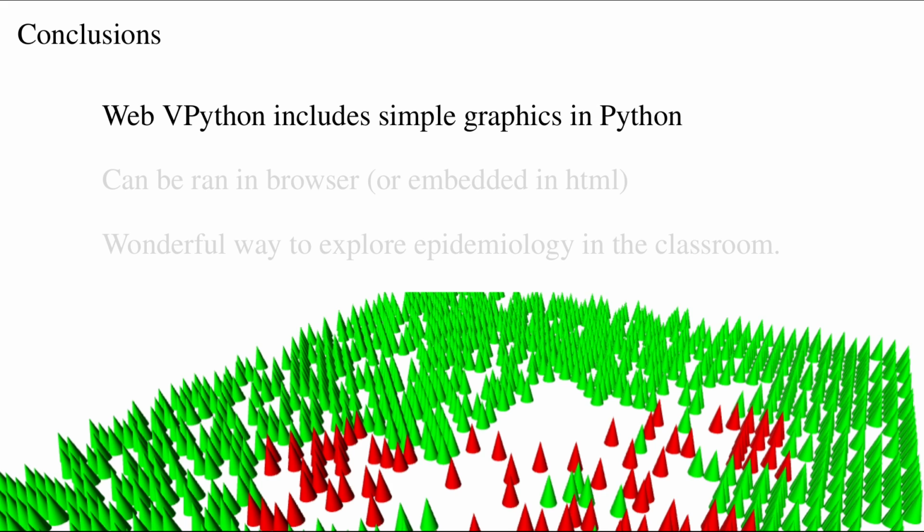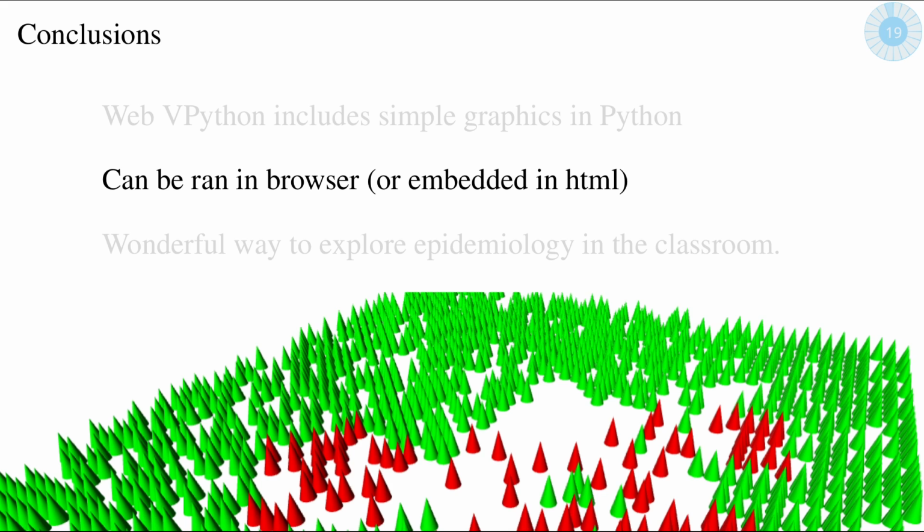So here's a picture of a forest fire model that I do with the students, I think in the second week. And being able to incorporate cones in this case, because this represents the trees, or you can do spheres or cubes, any way you want in a three-dimensional system. And that's really what makes this WebVPython so powerful.